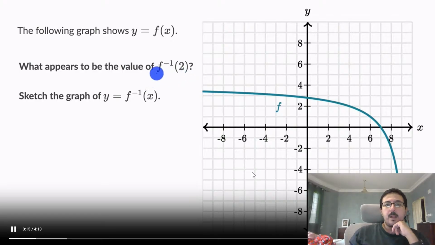All right, now let's work through this together. It's important to realize they're not asking us what f of 2 is. They're asking f inverse of 2. If this is 3, it's going to give me 2.